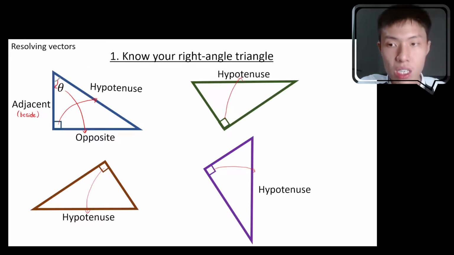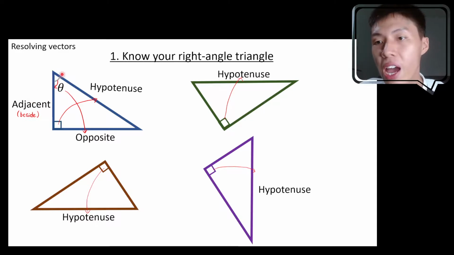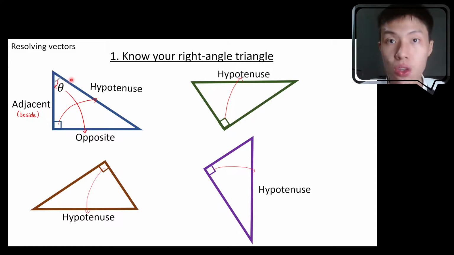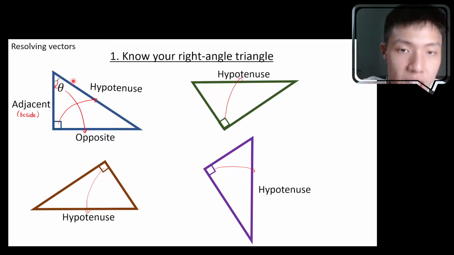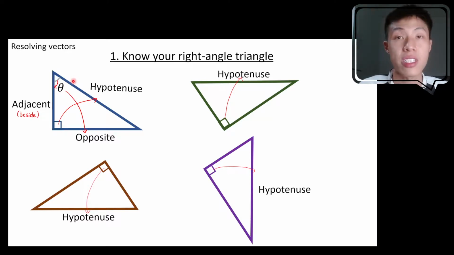You can notice that my opposite and my adjacent depend on where I put my theta. If my theta changes, my opposite will change, my adjacent will change, but my hypotenuse will still be the same hypotenuse. So it is very important to know where the theta is first before we decide where the opposite is and where the adjacent is.